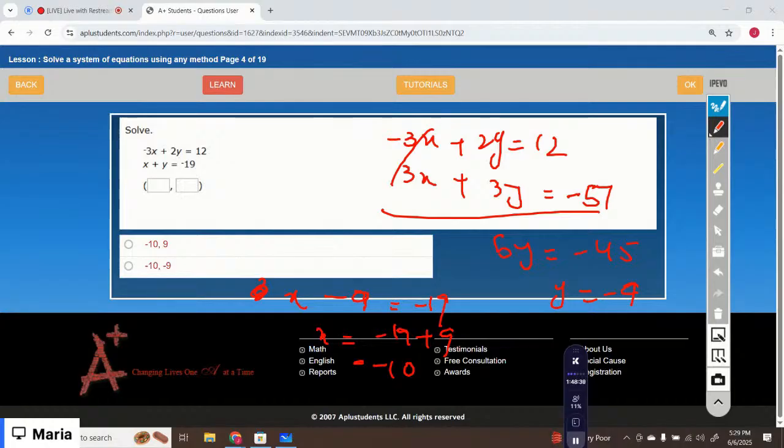So option number 2 is the correct option. That is negative 10 and negative 9.